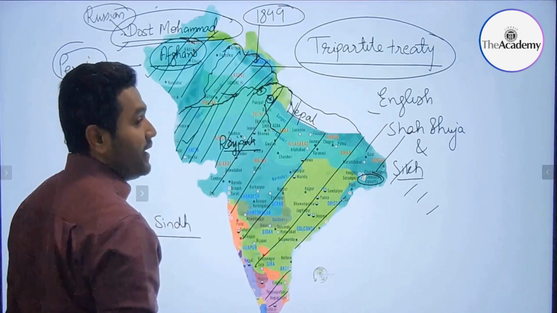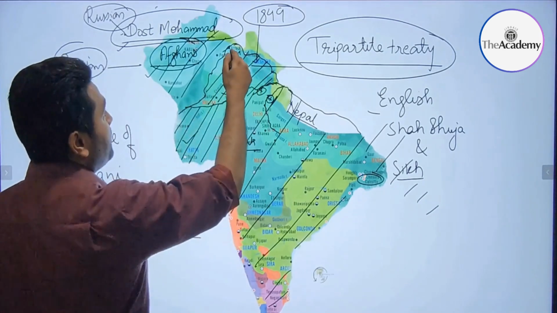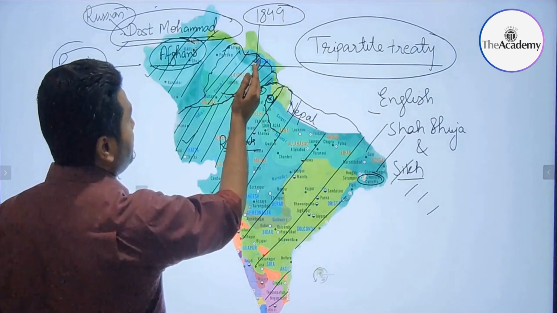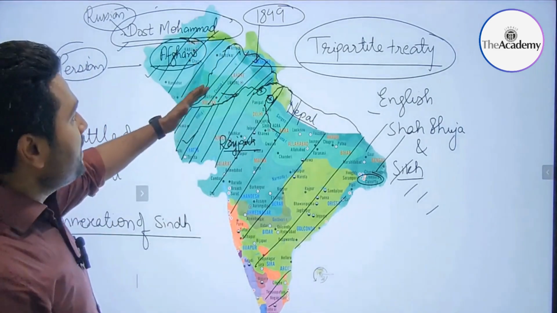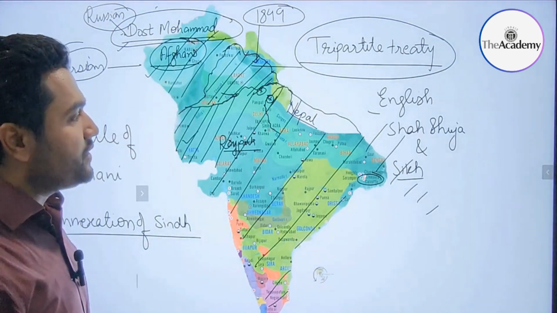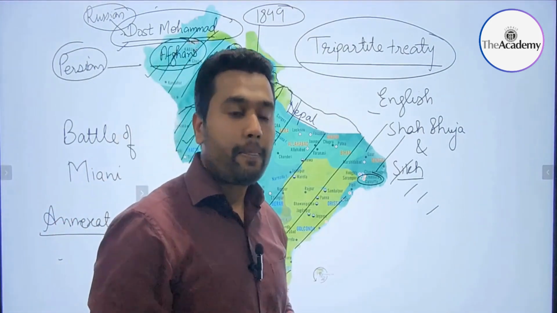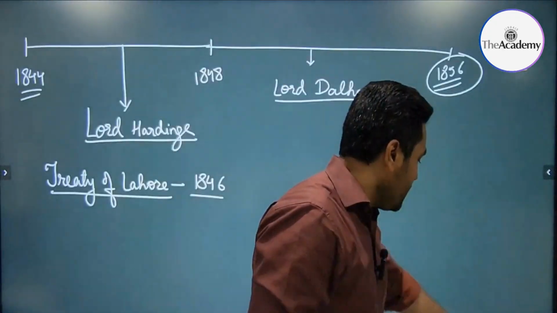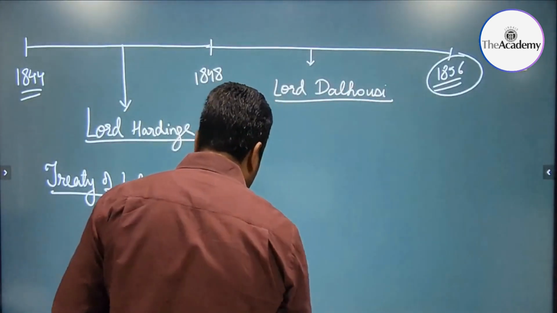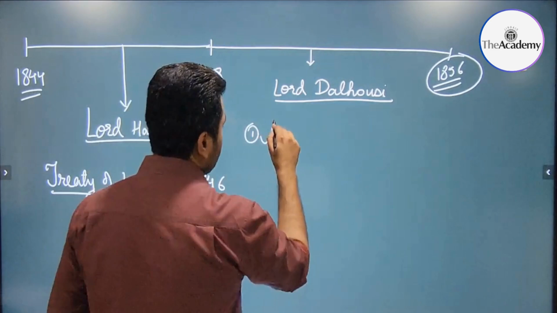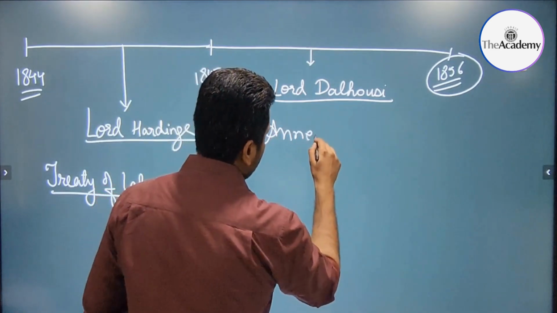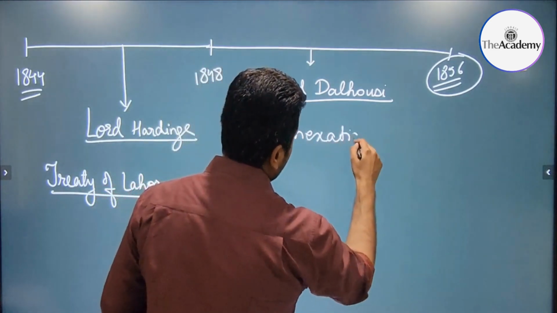After the Second Anglo-Sikh War, the British extended their frontier as far as river Indus, and even the areas beyond river Indus. So when Lord Dalhousie became the Governor General, the first most important achievement was annexation of Punjab.